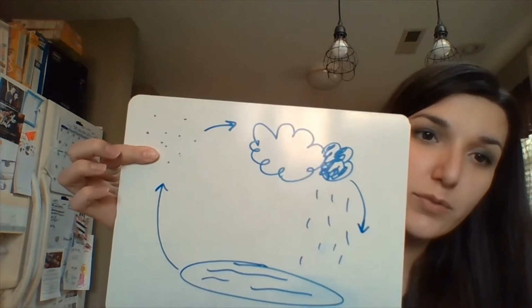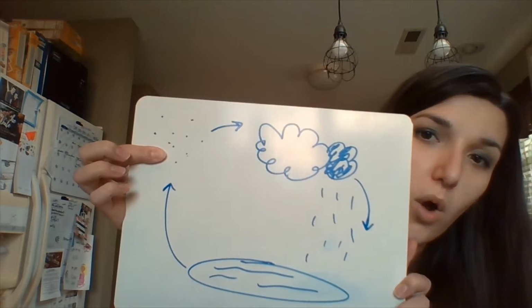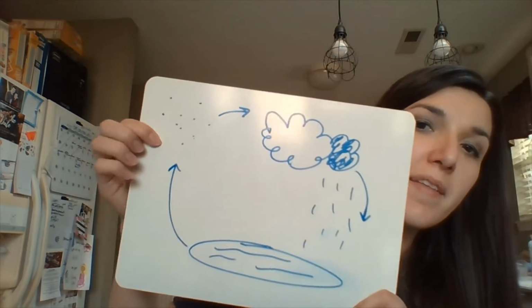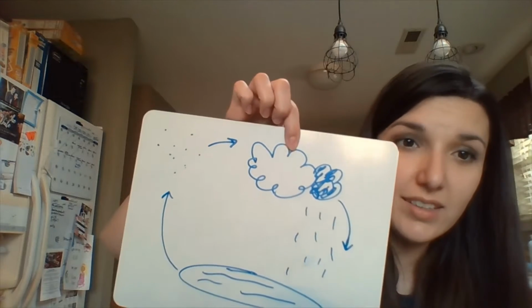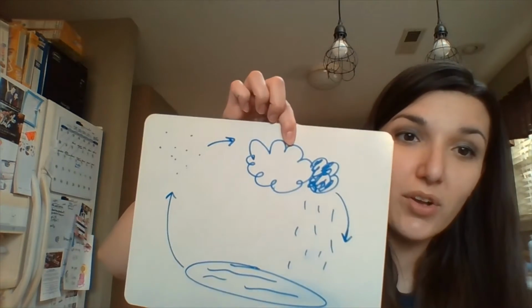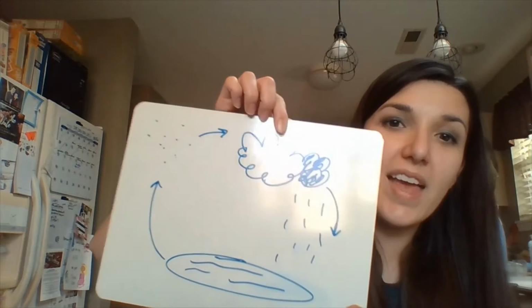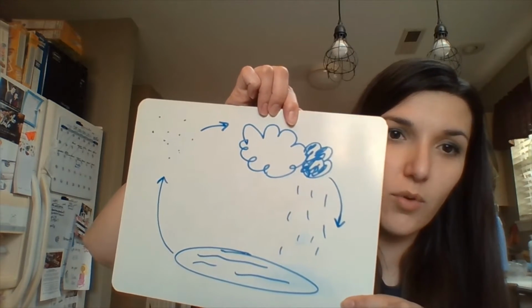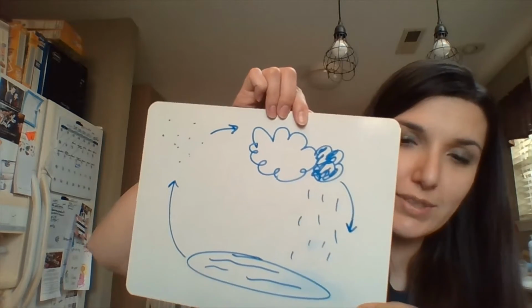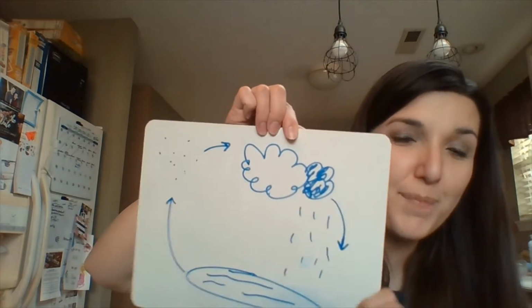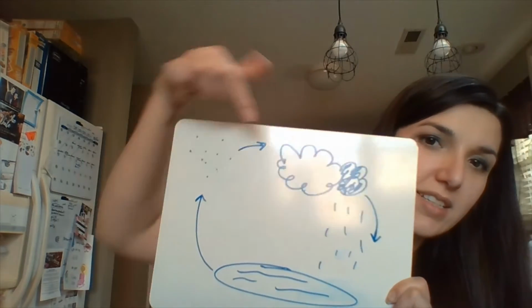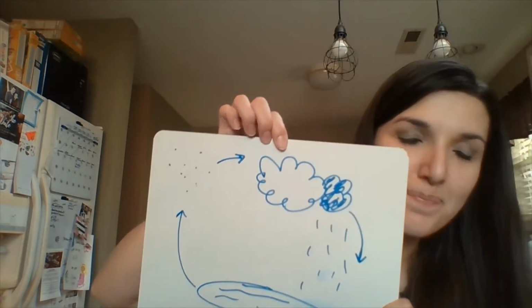And so this is the gas form of water, and so it has evaporated from liquid into gas. And then all of those little gas droplets condense back into liquid into what we call clouds. And then that same liquid just drops down in the form of rain or snow or sleet or something into a body of water. So this is what we want to replicate, actually from here to here is what we want to replicate today.